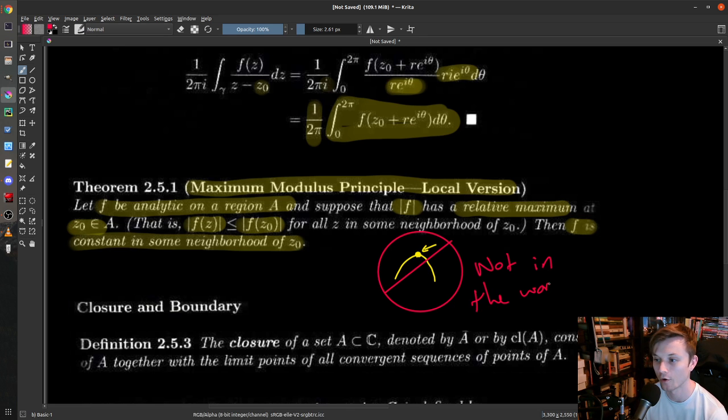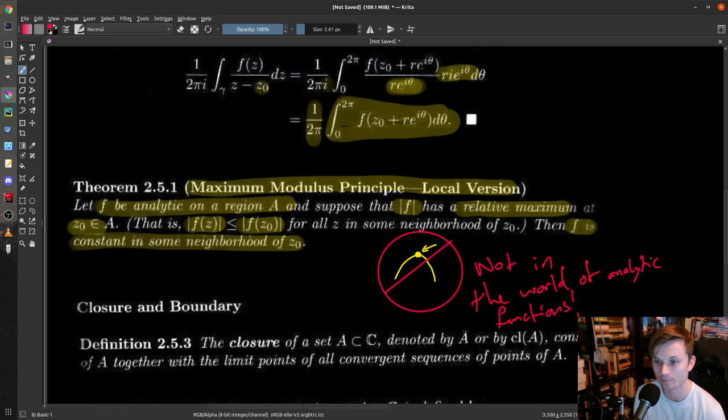Not in the world of analytic functions. The only things that do this are constants. It's got the same sort of flavor as a result like Liouville's theorem, where a bounded entire function is constant. If you think about it, this is basically the local version of Liouville's theorem, if you want to say it like that.